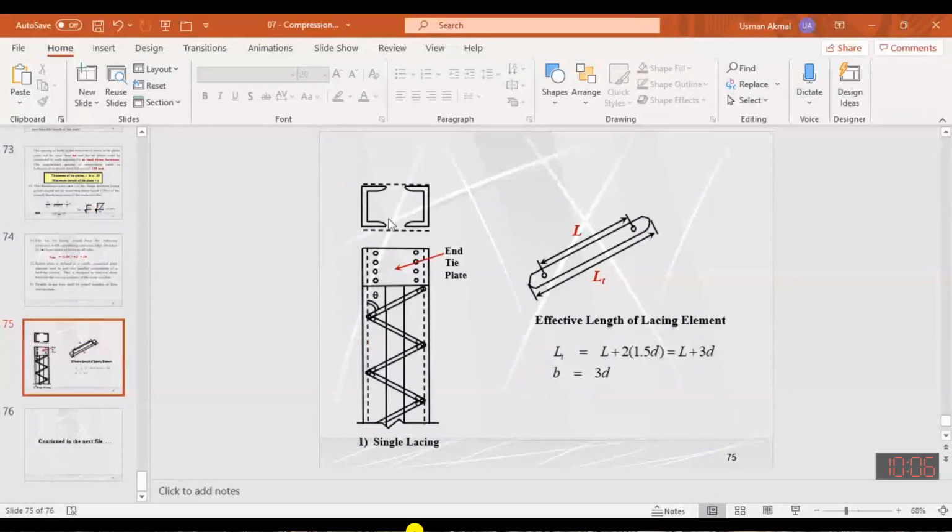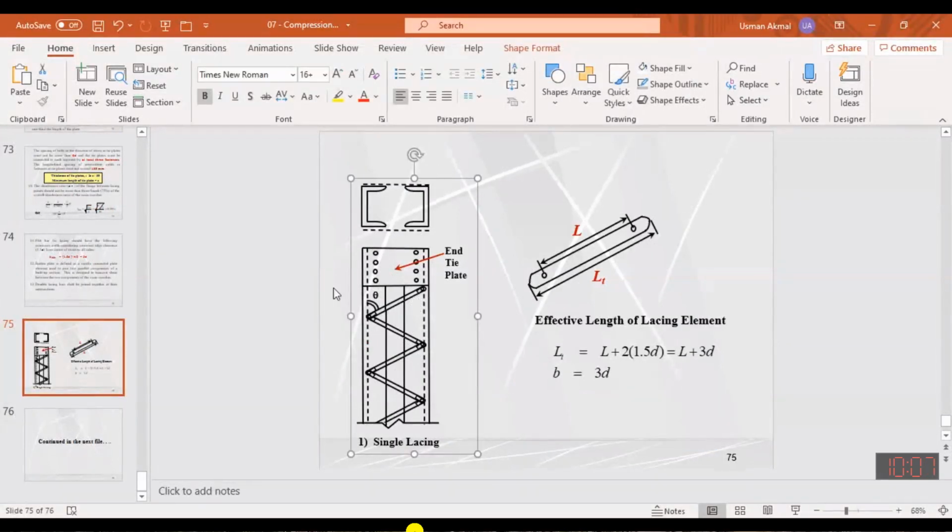we know that, for example, you may consider this column as a beam, because when it will buckle or bend in the out-of-plane direction, maybe the lateral direction. So assume that you have rotated it. It will always buckle due to the bending moment, and the bending moment is distributed along the length.